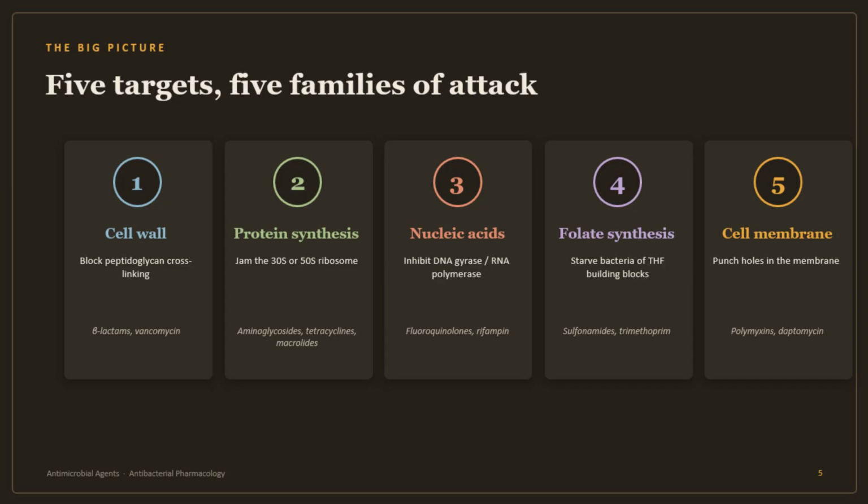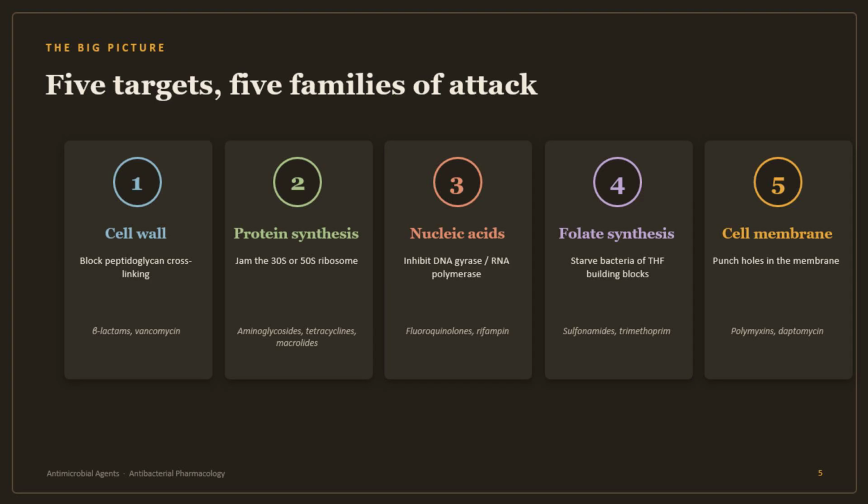That's your beta-lactams and vancomycin. Target 2, protein synthesis, where drugs jam the 30S or 50S ribosomal subunit, your aminoglycosides, tetracyclines, and macrolides.